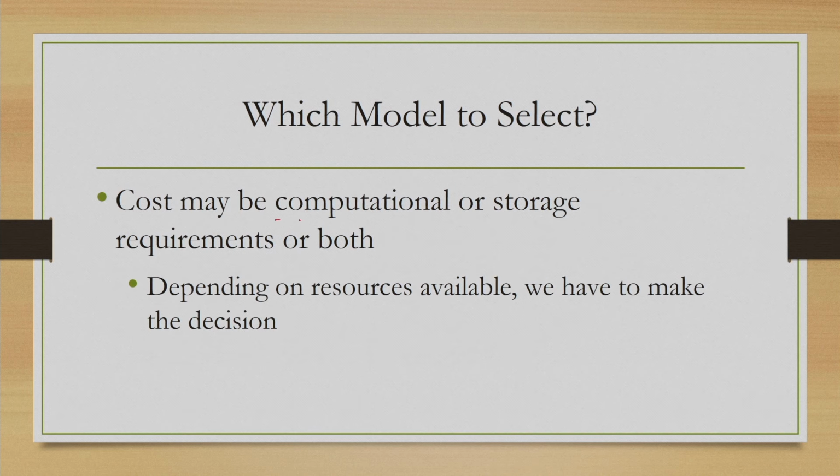Now, this cost may be computational or storage requirement or both, and depending on the resource available, we have to make the decision. If we are having very less resource, then we cannot think of advanced modeling techniques. Then we may have to lose some realism and have to settle for some less realistic scenes or images.